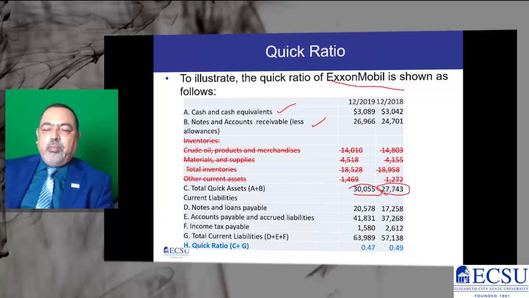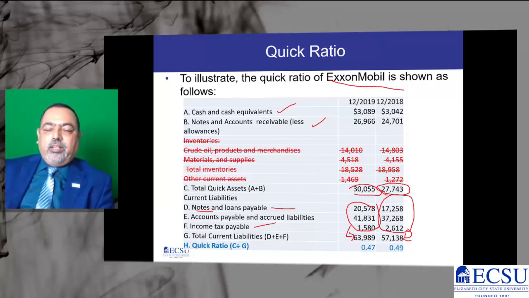Again, these are in millions of dollars. For the current liabilities, we are given notes and loans payable, accounts payable and accrued liabilities. These are short term, so that's why they are classified as current liabilities, along with income tax payable. If you add these three up, you will get 63,989.